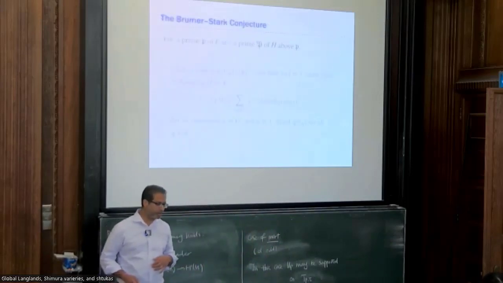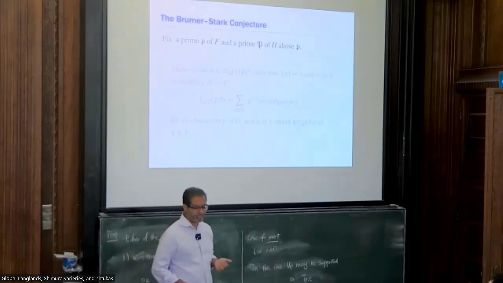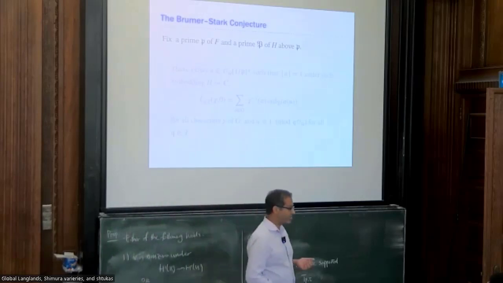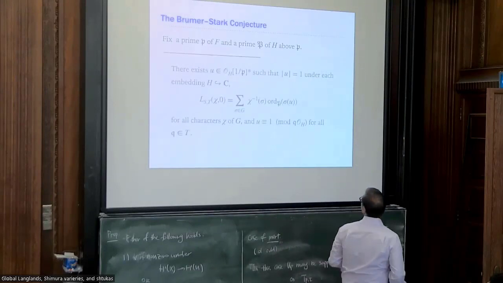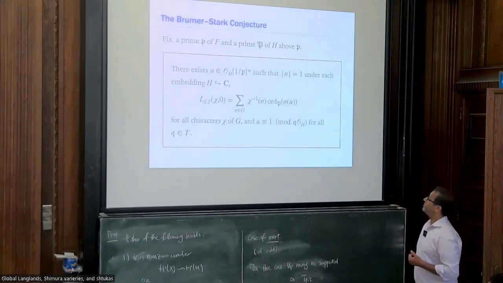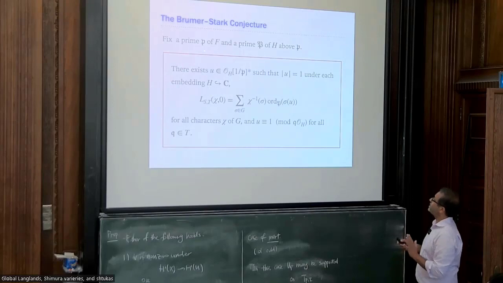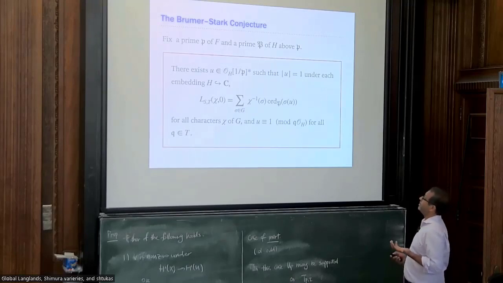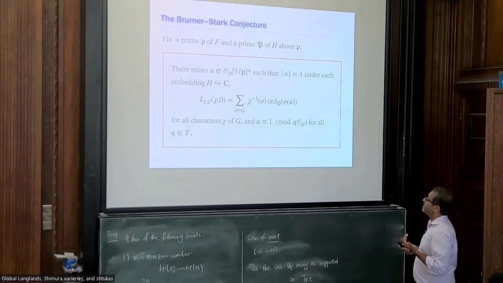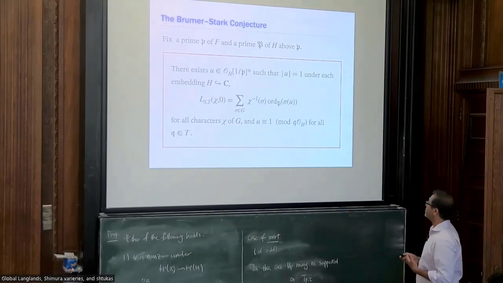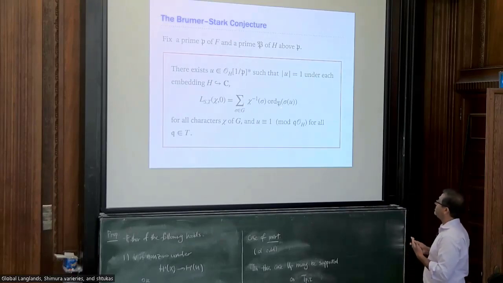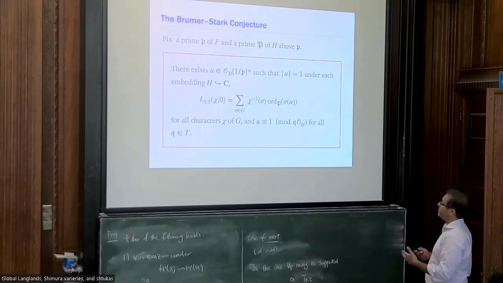Okay, so the Brumer-Stark conjecture states that with this notation, there exist certain P-units in the extension H. So if we fix a prime P of F, maybe it's best to assume that this P splits completely in H, and we take a prime Gothic P of H above P, then the conjecture is that there exists a P-unit with complex absolute value 1 under every embedding of H into C, such that the valuations of the conjugates of this unit at P, or equivalently, the valuations of U at all the conjugates of P, give you an L-function evaluator.